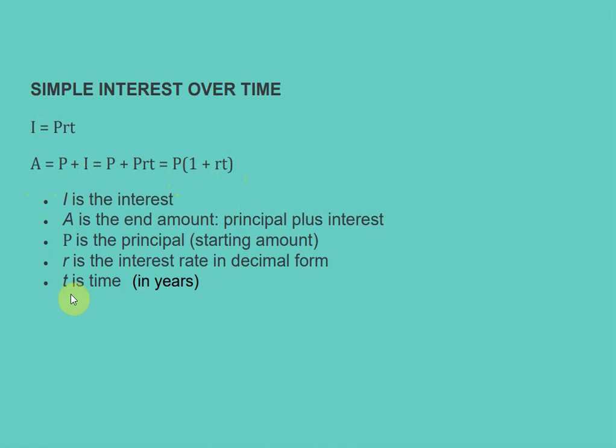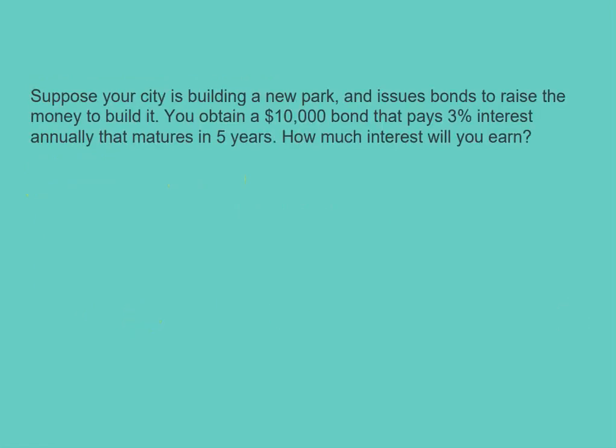Notice that the time is in years. Looking back at the problem, the question asks, how much interest will you earn? So once again, we're finding the interest only. And the interest is found by multiplying P times R times T.